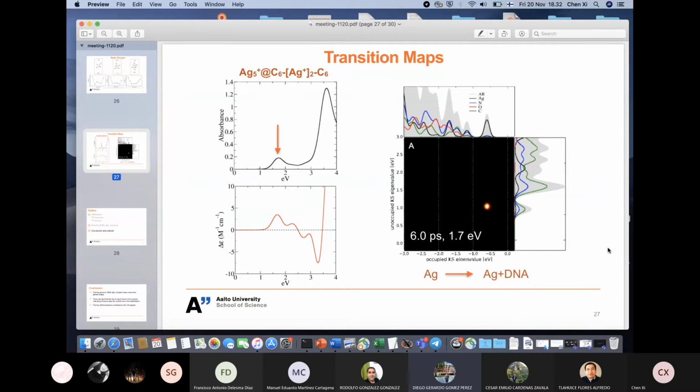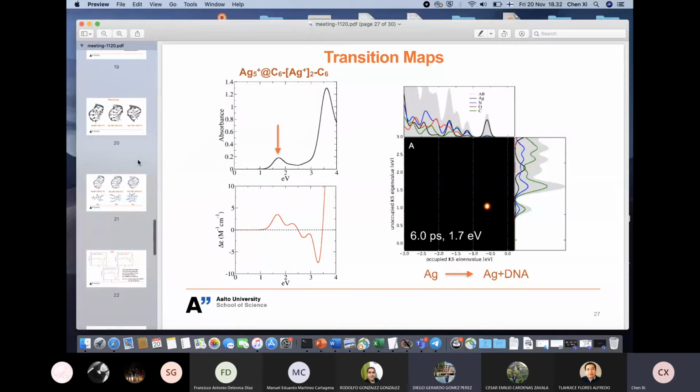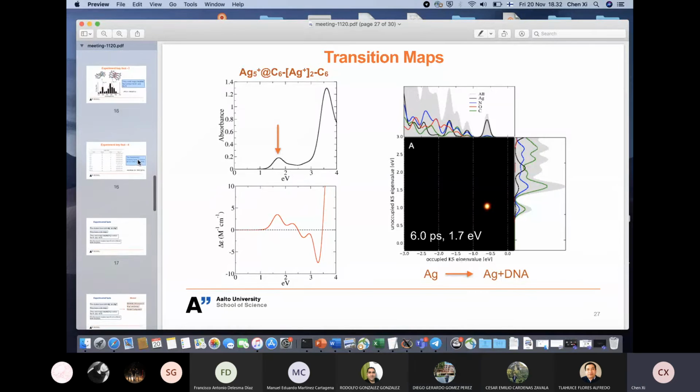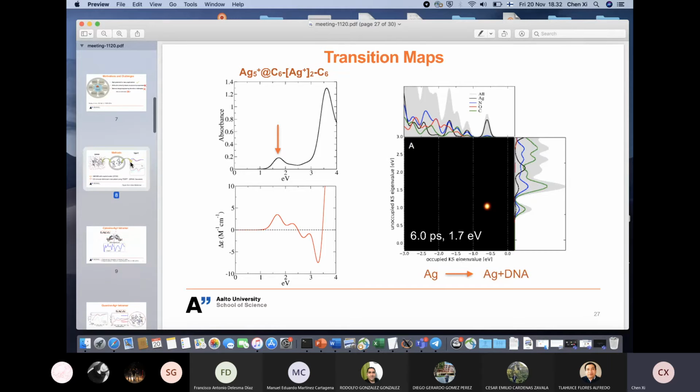And I wanted to ask a question about the conditions of the simulation. The temperature, for example, under which conditions was it run? I think it's better I go back to that page. Yes.